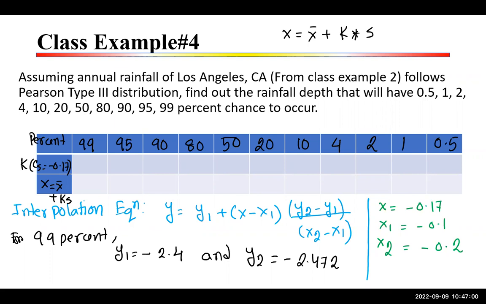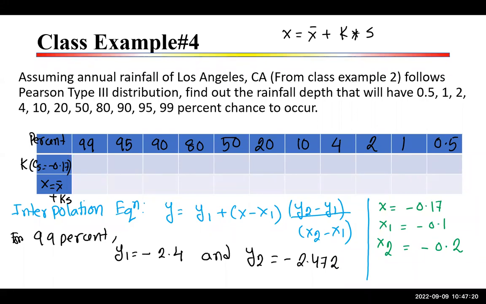Now, anyone got any number for the k value for 99%? Any number? I got negative 2.44.